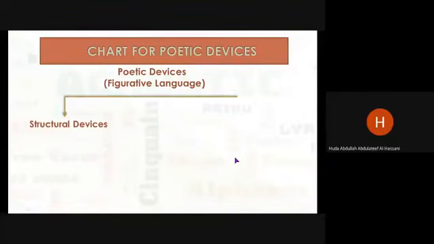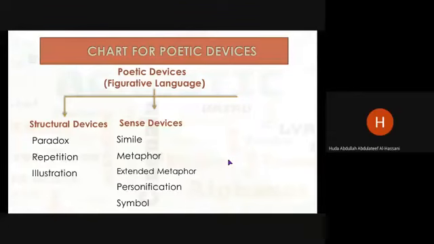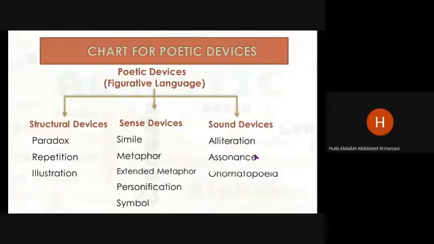We have structural devices like, for example, paradox, repetition, and illustration. Also, we have sense devices like simile, metaphor, extended metaphor, and personification, in addition to symbol. Finally, we have sound devices like alliteration, assonance, onomatopoeia, and rhyme and rhythm.